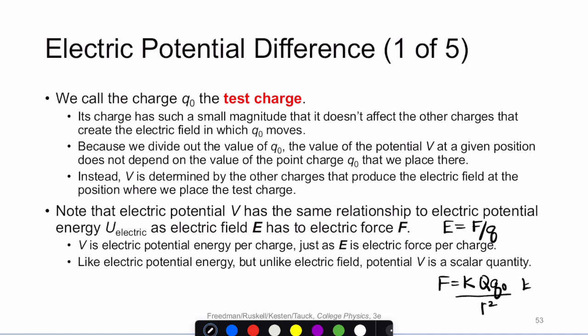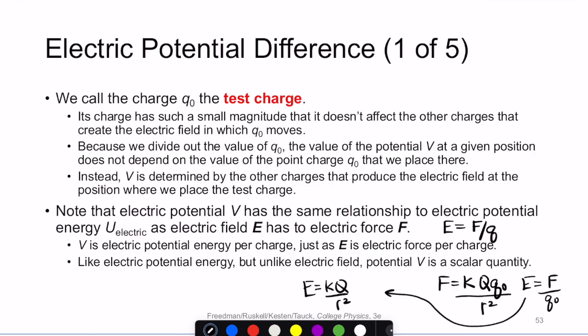And the way we described the electric field was the force experienced by Q naught if Q naught was there, so it's force divided by Q naught. And we recall that the equation for the electric field would be KQ over R squared, where big Q is the charge responsible for creating the field. And the test charge is there to feel the field.